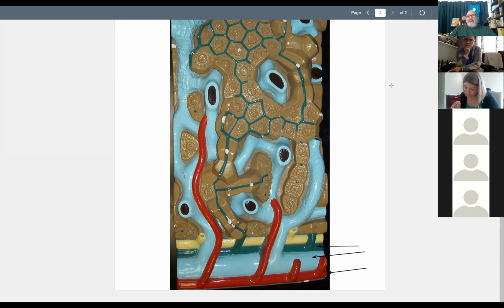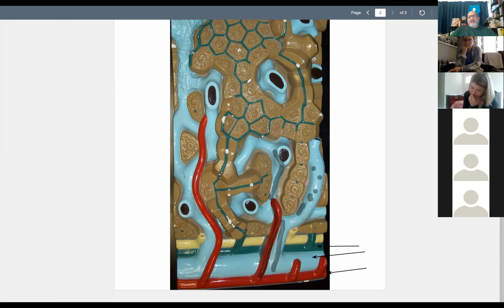But notice, as we expect, our oxygen-rich blood from the hepatic artery and the nutrient-rich blood from our hepatic portal vein are fed into the sinusoid capillaries. Notice they've kind of tried to draw the incomplete epithelial cells of this to show us that this is a sinusoid capillary as it's going through there, going between the rows of hepatocytes.